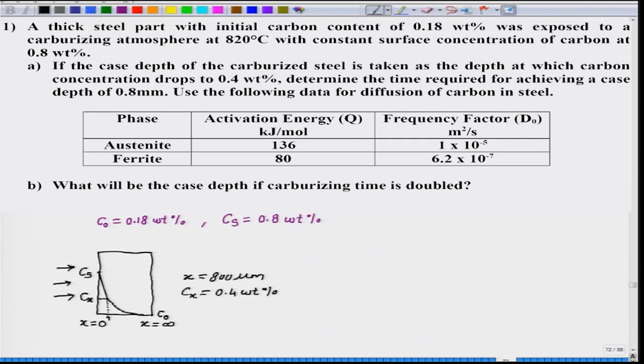So, we can use the solution that we have derived, which states that C x minus C naught divided by C s minus C naught is equal to 1 minus error function x over 2 root Dt.